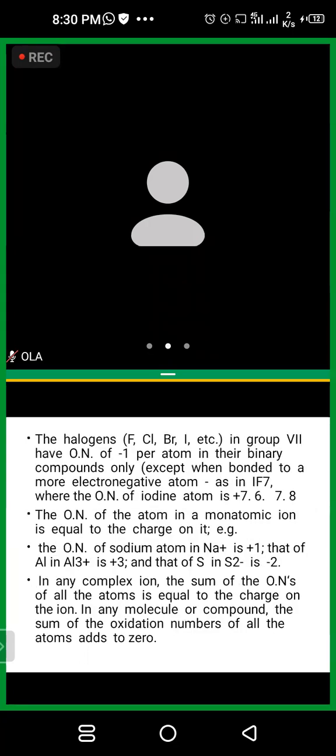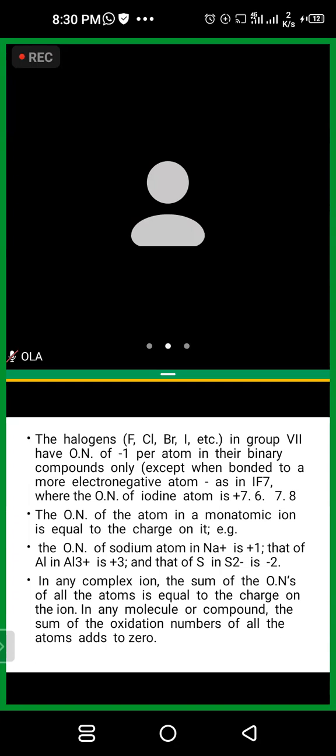Now, other rules: halogens, which are group 7 elements, which include fluorine, chlorine, bromine, have -1 as the oxidation number for binary compounds, except when they are bound to more electronegative atoms.